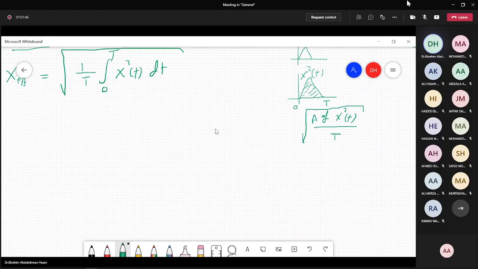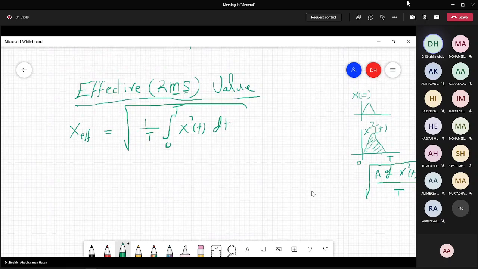So this is a general formula. Similarly, we can use it for discrete: 1 over N summation of x square n.